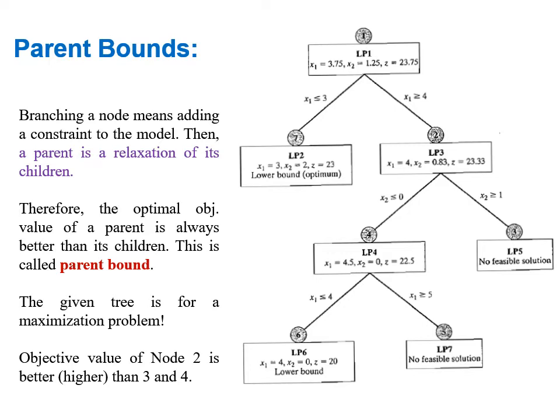Just look at the feasible ones. Similarly, when you look at the children of node 4, the objective function value here must be higher than its children. As you see, its children have an objective function value of 20 and this is 22.5. It means that the parent has a better objective function value.